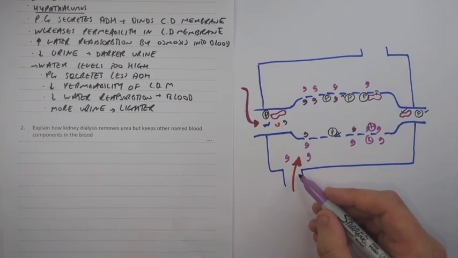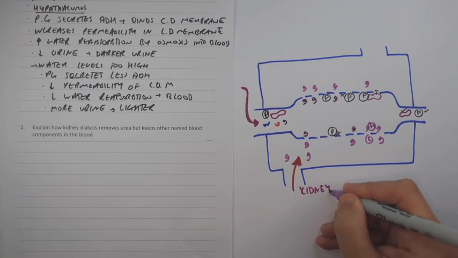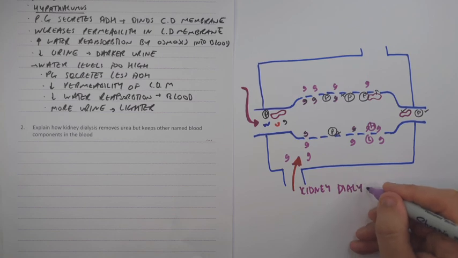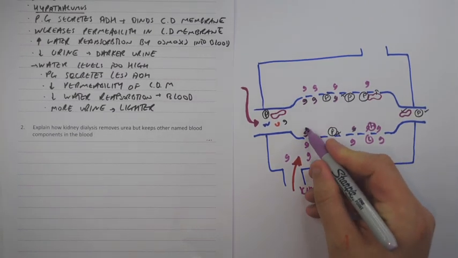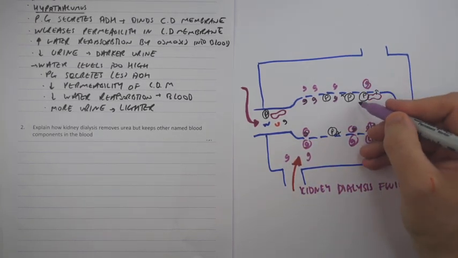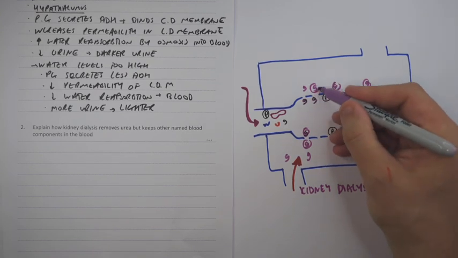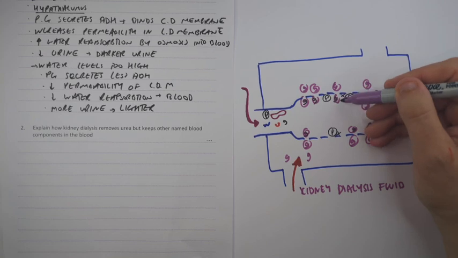Because if this dialysis fluid, so this is the kidney dialysis fluid, has the same concentration of glucose in here as it does in here, there'll be no net movement.